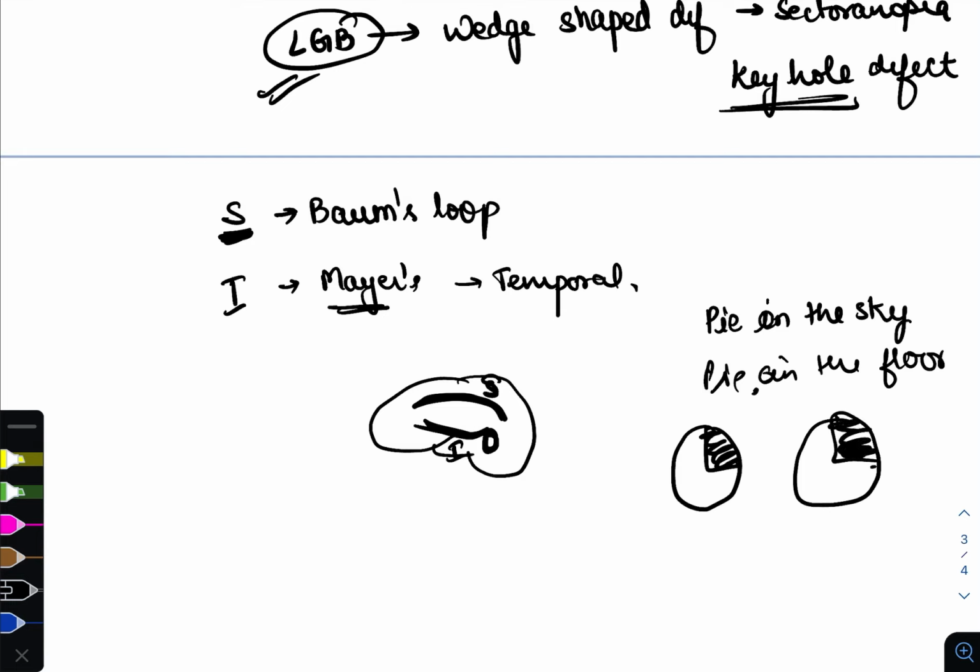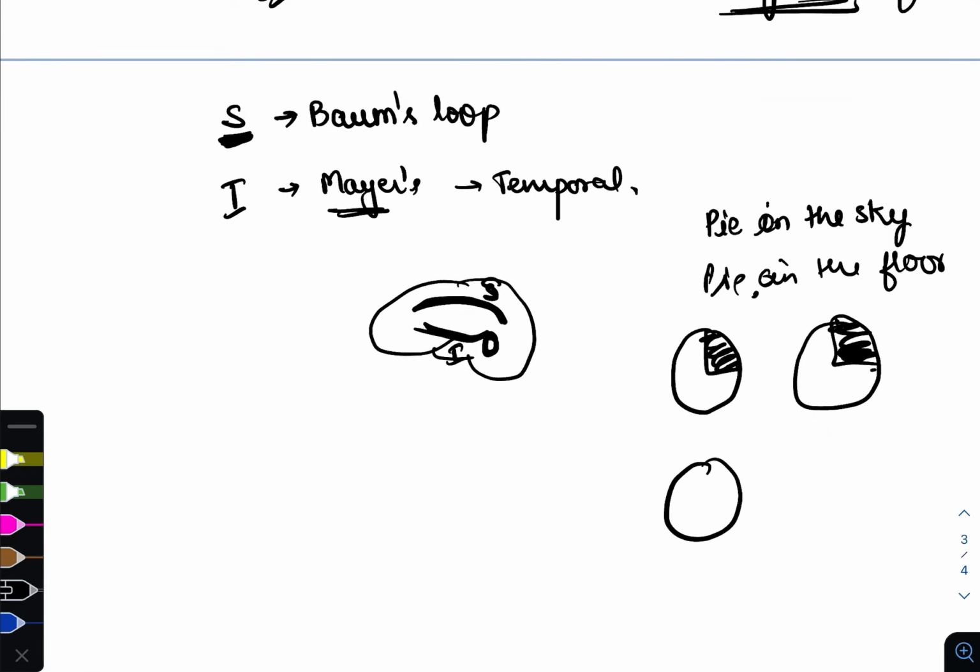This is pie in the sky, because after the optic chiasma the homonymous area will be involved, so that's why the defect will be in both eyes. And this one is pie on the floor, so we have to remember this.